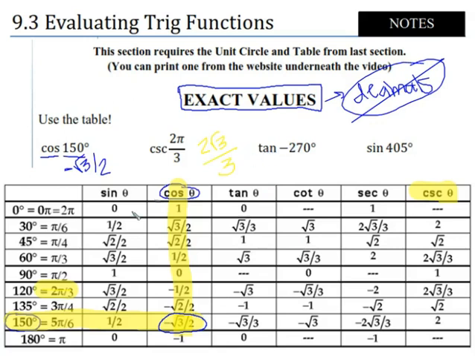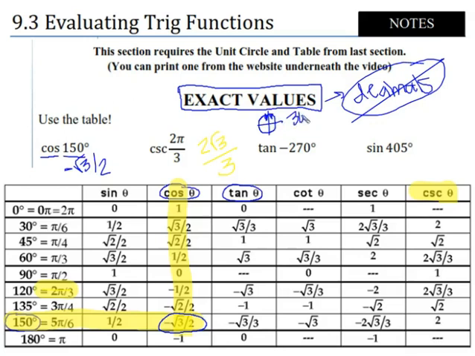Alright, tangent. Okay, so let's focus on our tangent column. That's right here. But notice how the degree measure is negative 270, and we don't really have that, or at least on this table I don't have that here. So what I need to do is try to find the coterminal angle to this 270. So if you think about it, I'm actually going 270 degrees in the clockwise direction, but what if I were to actually go counterclockwise, the way we normally would go?